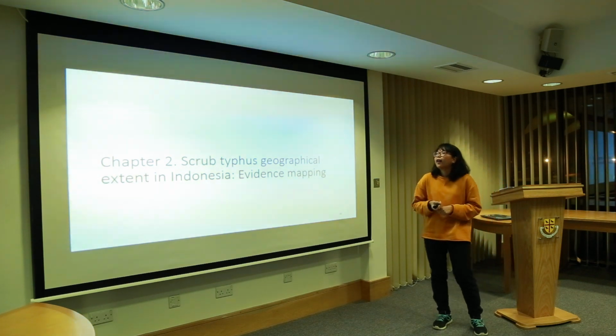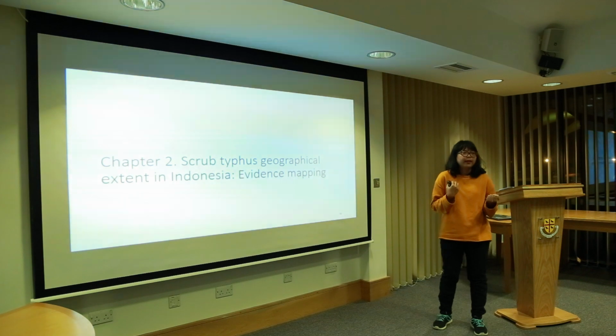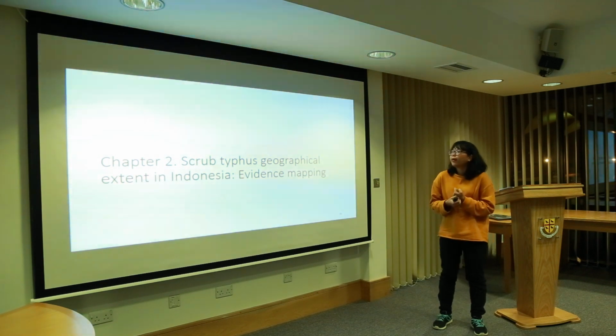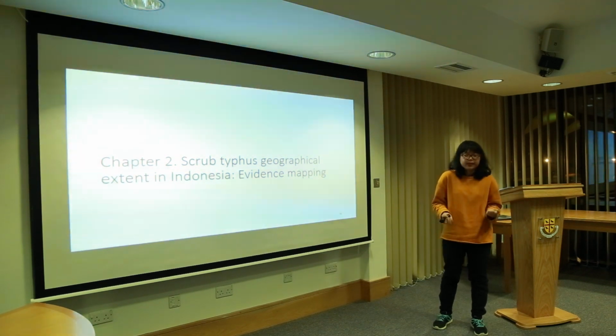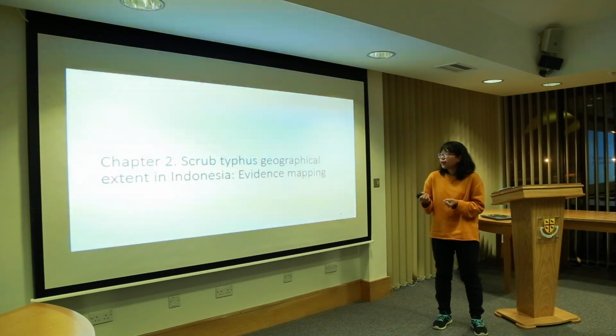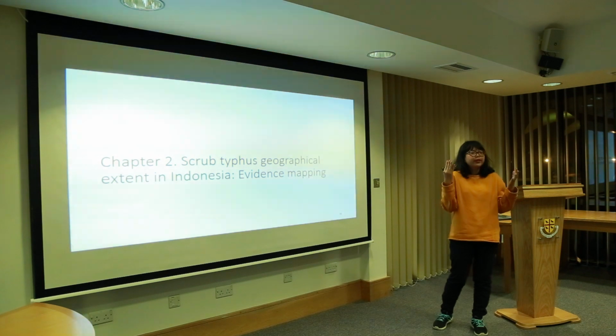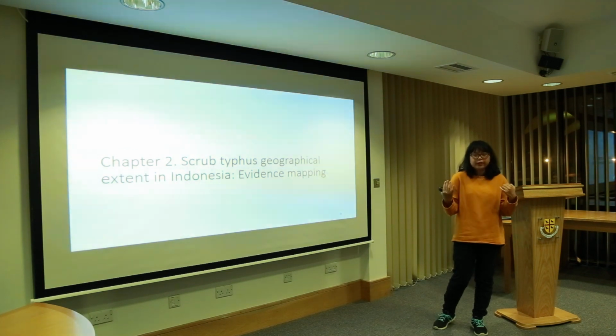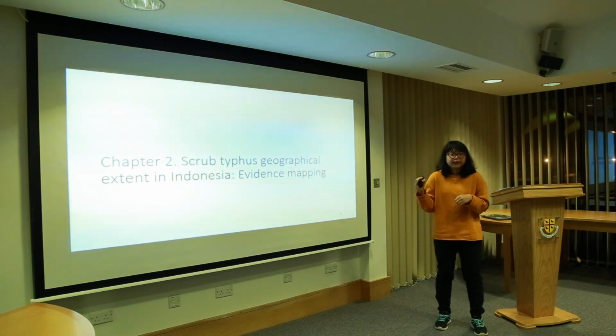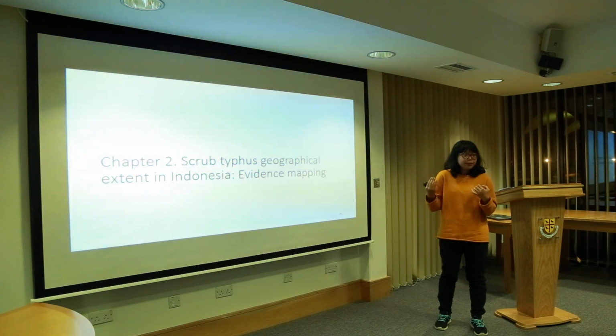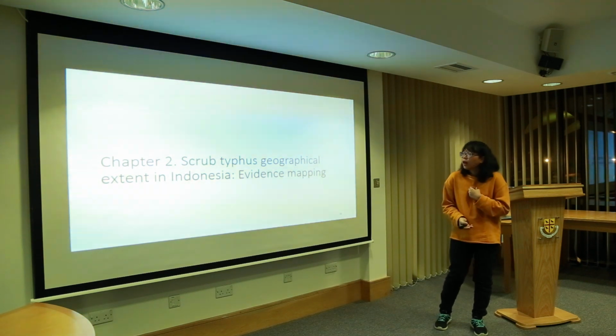Then the second sub-project, with a similar approach, I'm going to map the evidence. With this map, I'm going to gather the evidence, and then I'm going to rank them and give scores to them based on the level of certainty of the presence of the bacteria and the vector that is infectious to humans.